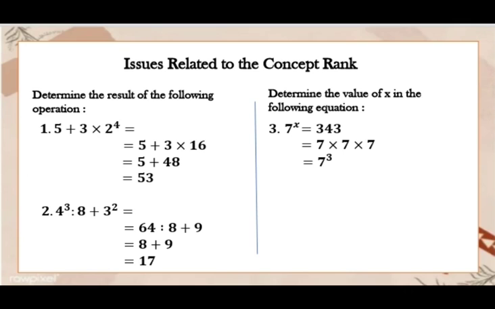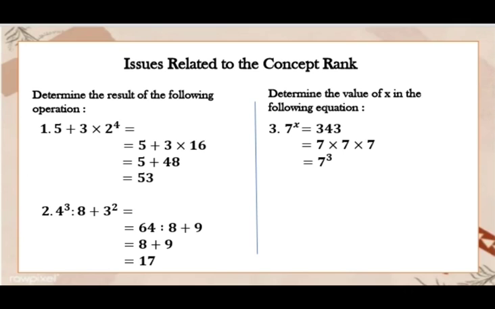Next, determine the value of x in the following equation. 7 to the power of x equals 343. Is it easy? Yes, but actually there is another topic in high school called logarithms, but we haven't studied it yet. We just use the basic concept of powers.